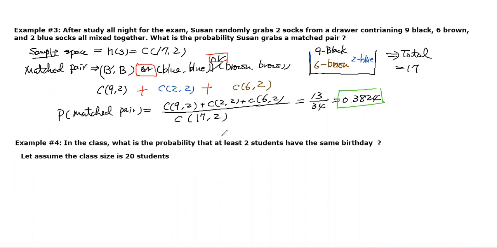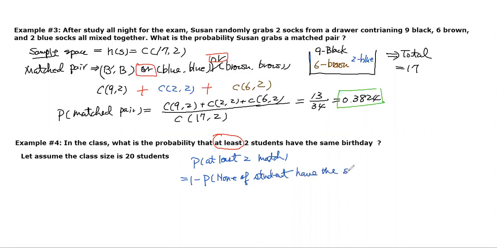It's easier in probability to say the probability of at least two matching is one minus the probability of none. We can say none of the students have the same birthday.